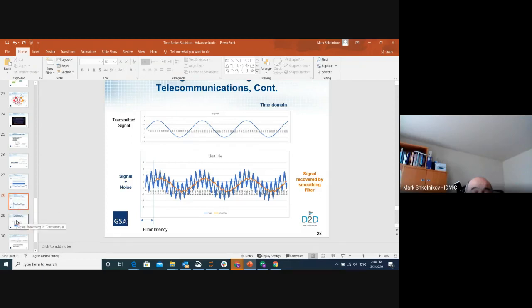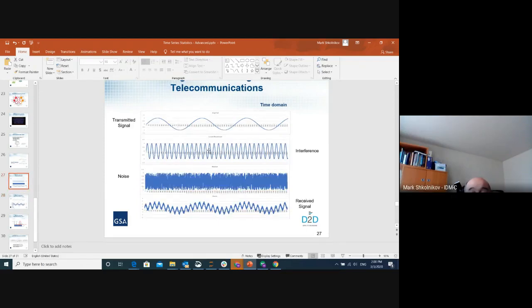Okay, so this is a simple way to detect a signal, and we've been lucky because the interference was of a higher frequency, so more periods, more fluctuations, more changes in time, and so is noise, right? So there's higher frequency, and we've been able to deal with this with the low pass filter.